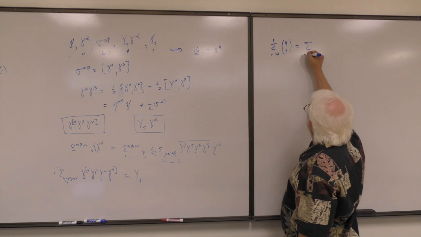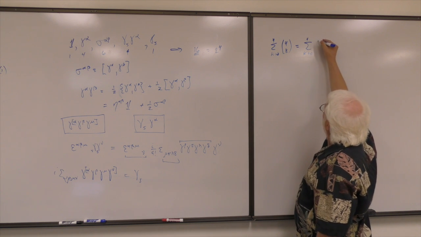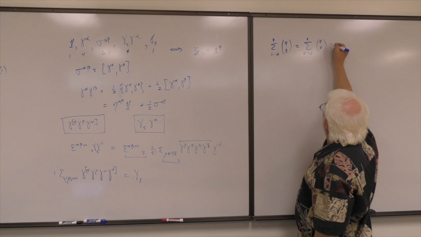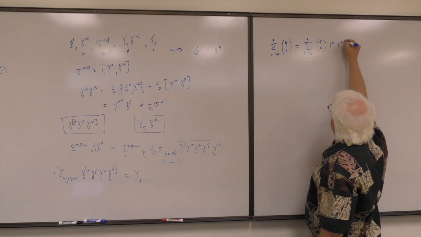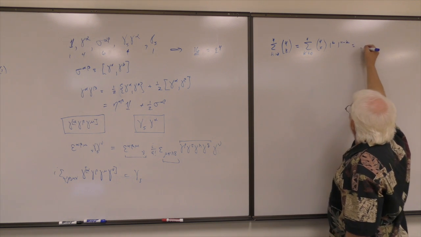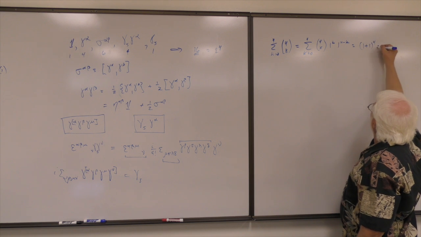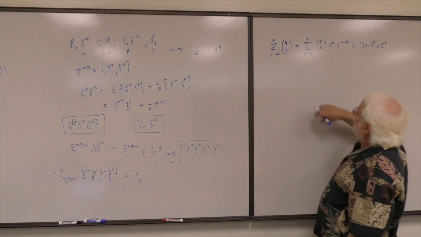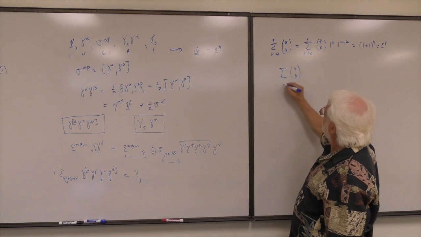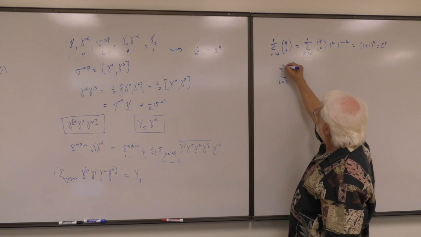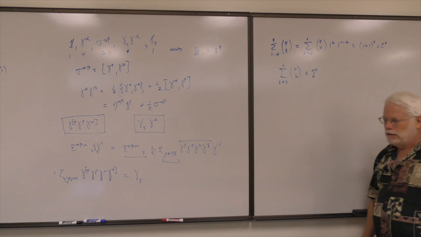Well, I can write that as the sum k equals 0 to 4 of 4 choose k, 1 to the k, 1 to the 4 minus k, which is the binomial expansion of 1 plus 1 to the 4th, or 2 to the 4th. If I change that upper limit, the sum of n choose k from k equals 0 to n, by the same argument, it's going to be 2 to the n.